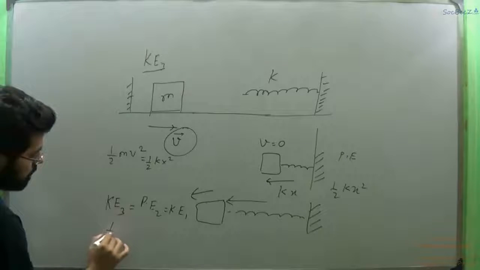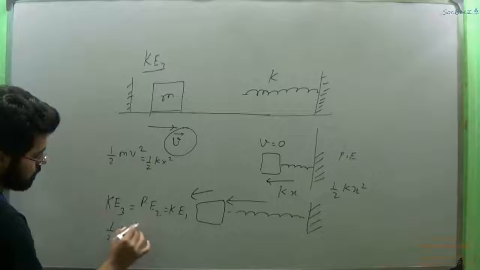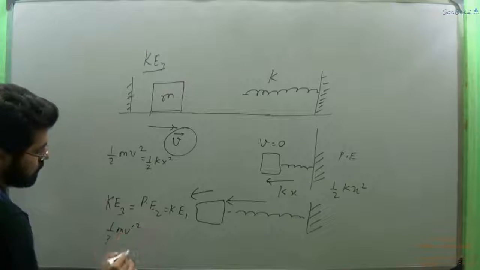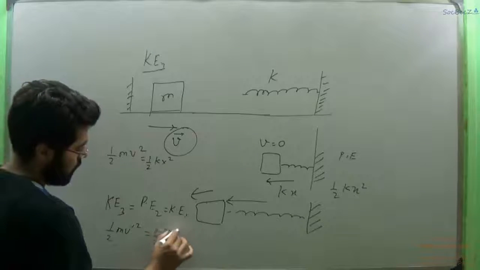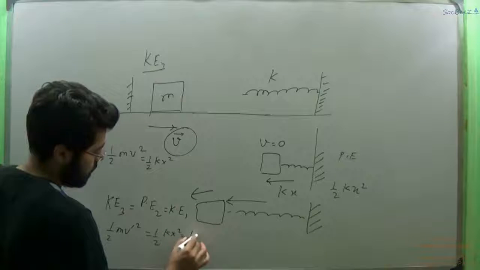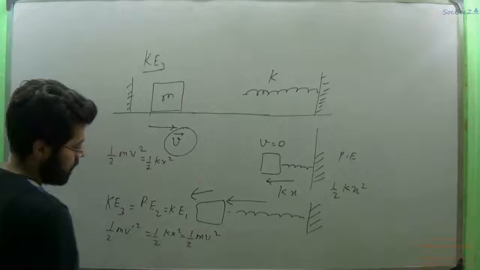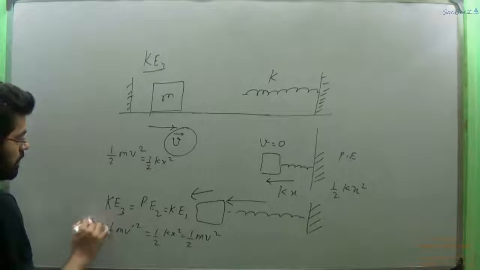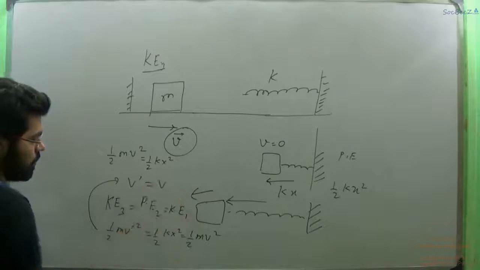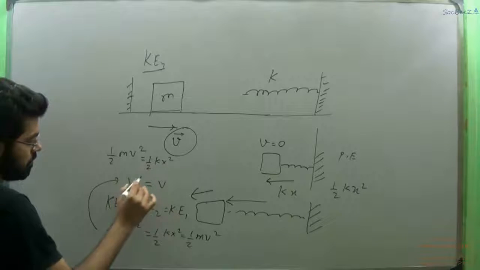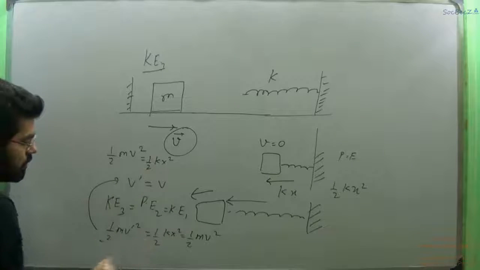So we got half m v dash square, suppose the speed is v dash, is equal to half k x square, and that was equal to half m v square. So from here we get v dash equals v, cancelling the square and the rest of the terms.